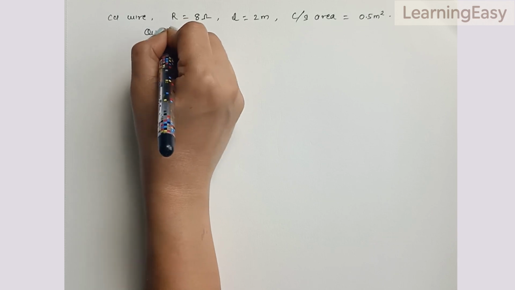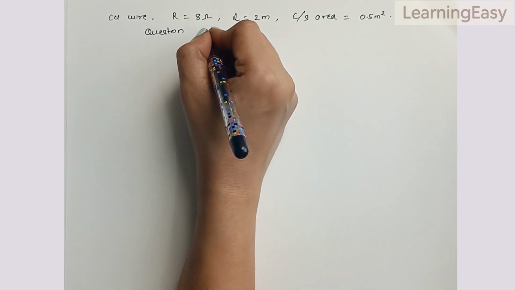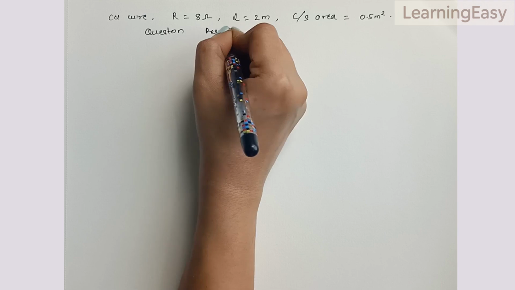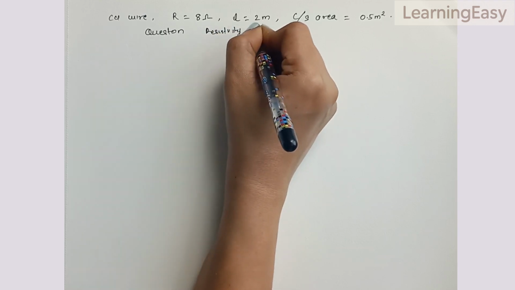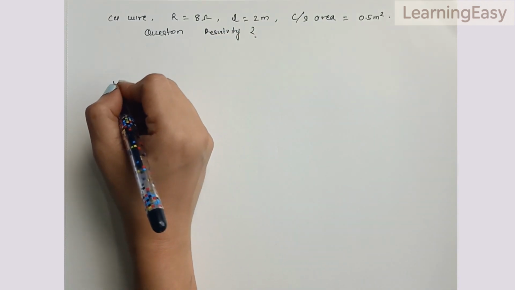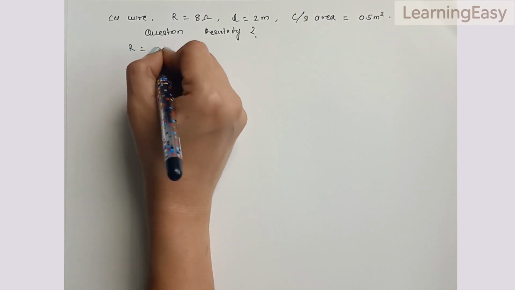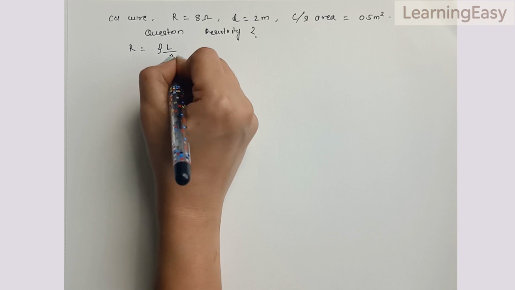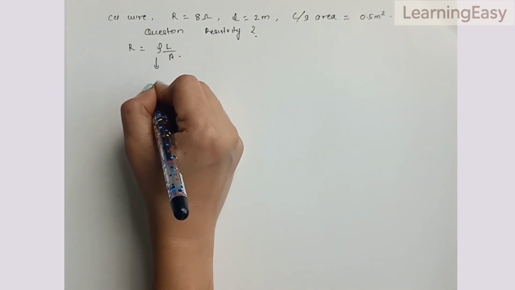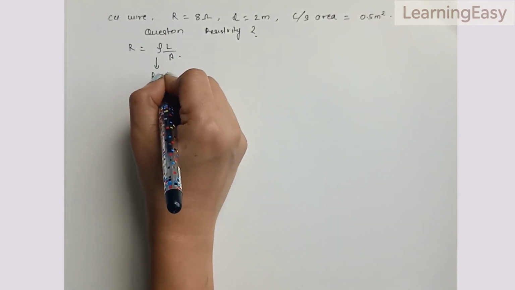The question for you is, what is the resistivity? As we know, the formula for resistance is R equal to rho L by A, where rho is your resistivity.